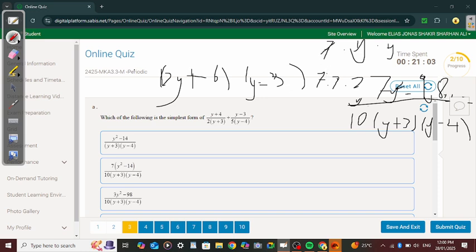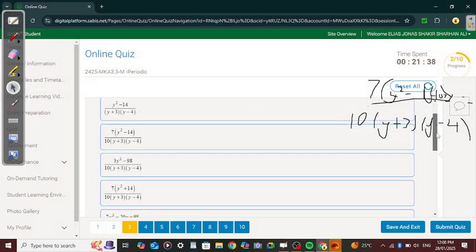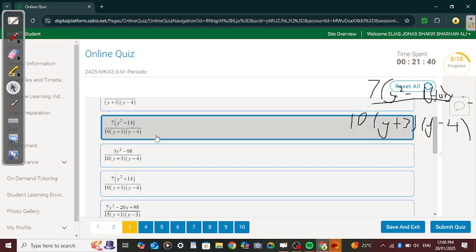So we take one 7 over here, and that's it. 7 multiplied by 2 is going to be 14, and then y². So we got 7 on the outside, y² − 14. So that's the answer: 7(y² − 14), yep, that's it.